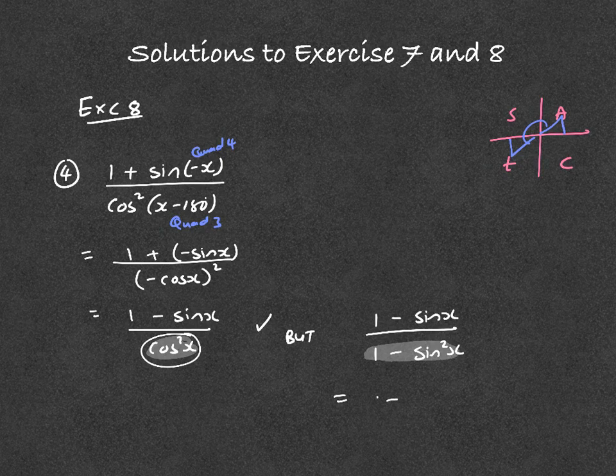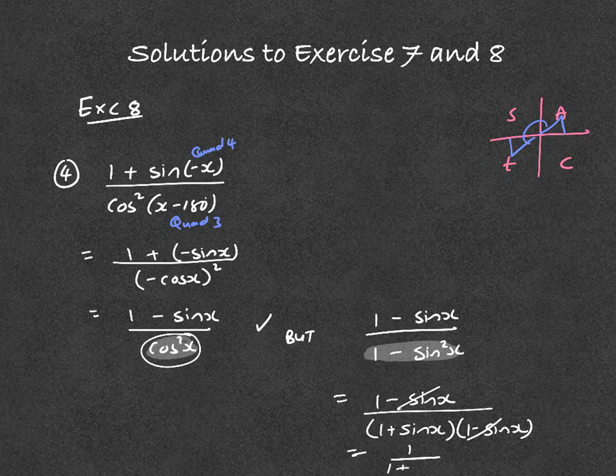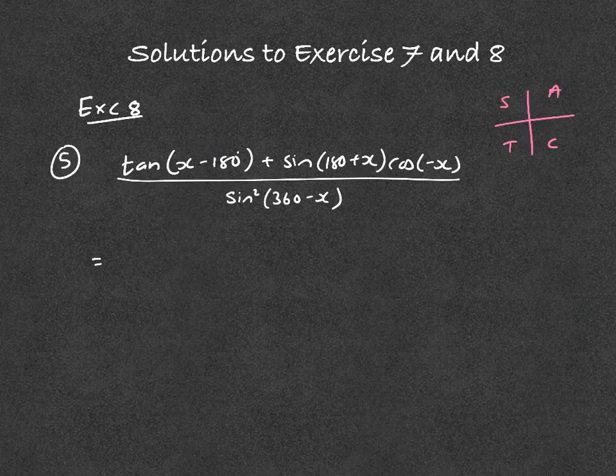So we've got 1 minus sine x on the numerator, and on the denominator 1 plus sine x times 1 minus sine x. Those divide, as 1 minus sine x divided by 1 minus sine x is equal to 1, so it's 1 over 1 plus sine x. But again, there's no need to do this all now, just so you know there are different ways.